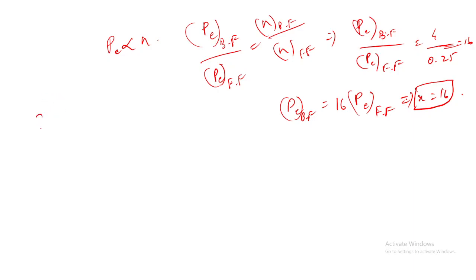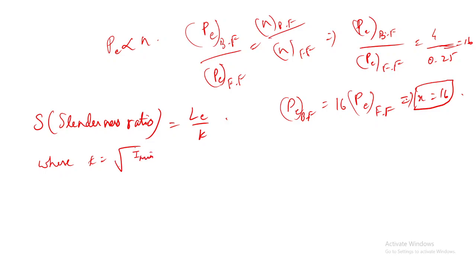Slenderness ratio is denoted by S, which is equal to LE divided by K, where K is equal to the root of I minimum, of Ixx and Iyy, divided by the area of the cross section A. That is the significance of slenderness ratio.